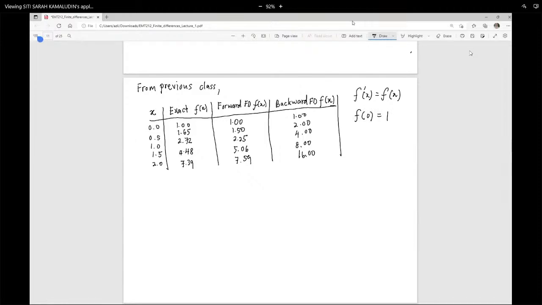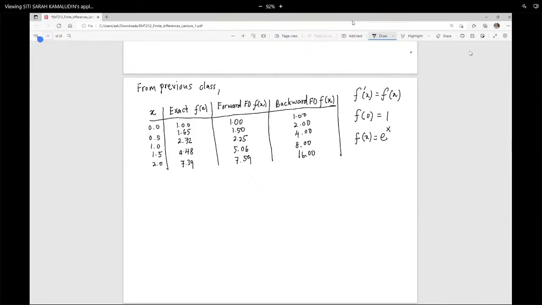And then we know that its exact solution is actually fx is equal to exponential of x. And then we calculate the exact solution and also the forward and backward approximation.